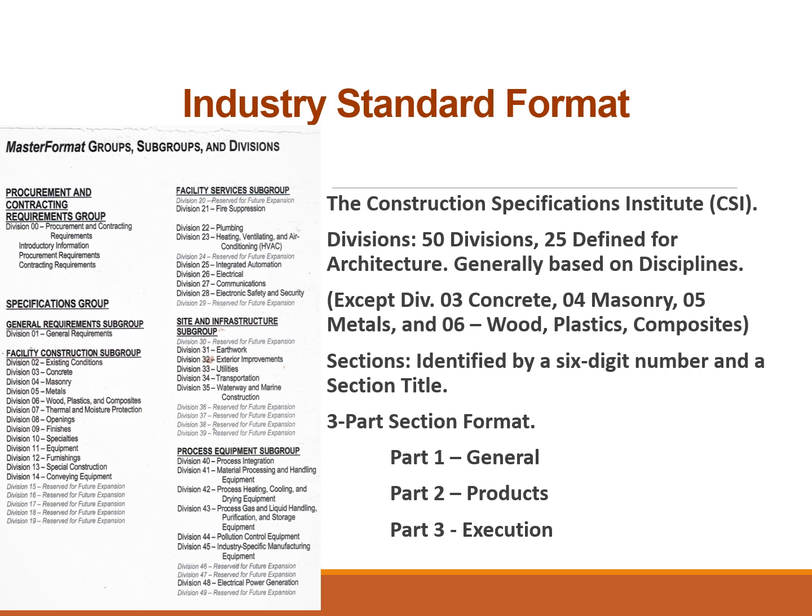Now, the 50 division format was originally 16 divisions, and as time went on, the industry decided to change it, and they did a fairly good job of making it more related to the design groups, the architects, the engineers, the mechanical, electrical, than the original 16 divisions, where everything was pretty much mixed into the first 14 divisions, and then MEP were divisions 15 and 16.